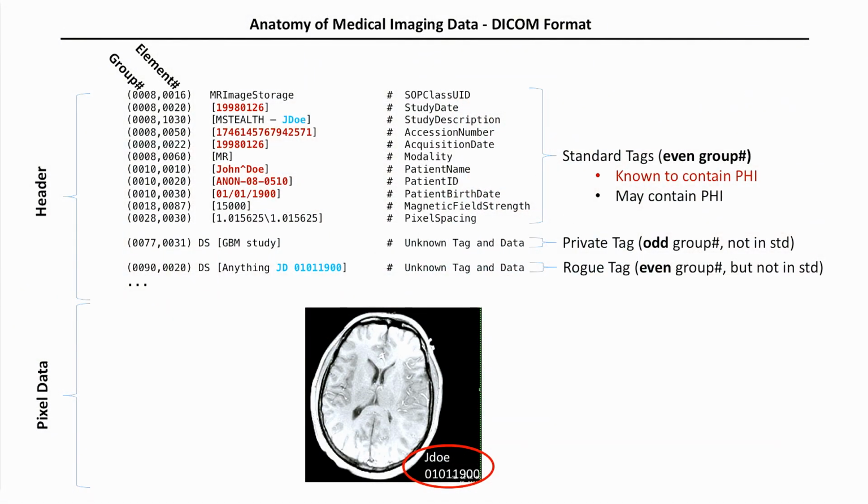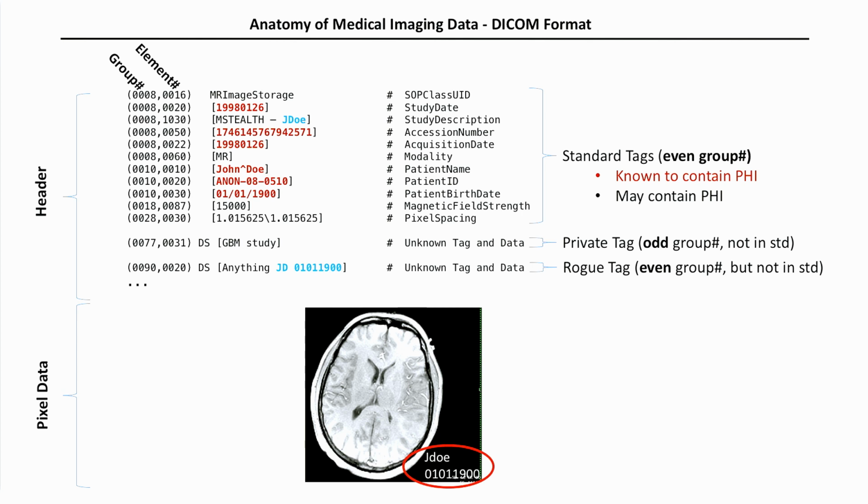This slide just shows the structure of the medical imaging DICOM data set. So the imaging data consists of a header with meta information and acquisition parameters, and then the pixel data. The header fields are defined by the DICOM standard, and they're identified by group numbers and an element number.